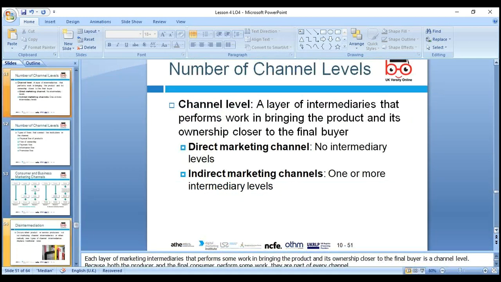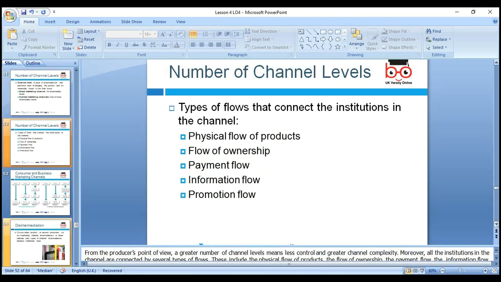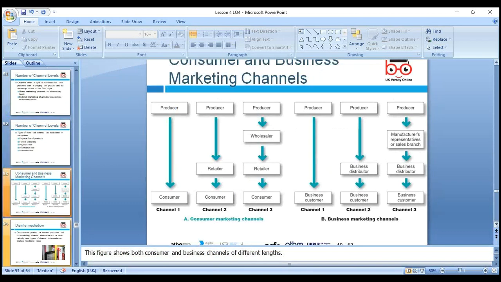With the channel, we can look at direct marketing channels and indirect distribution channels: physical flow of the product, flow of ownership, payment flow, information flow and promotion flow.